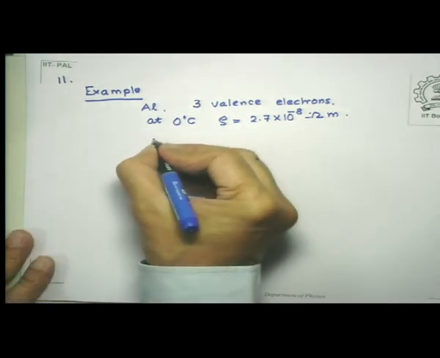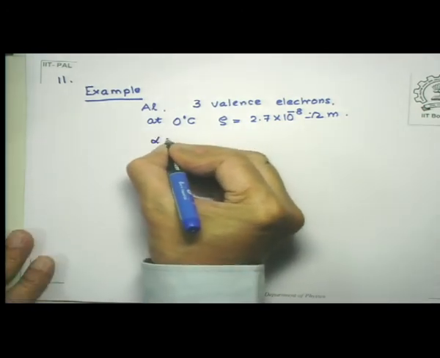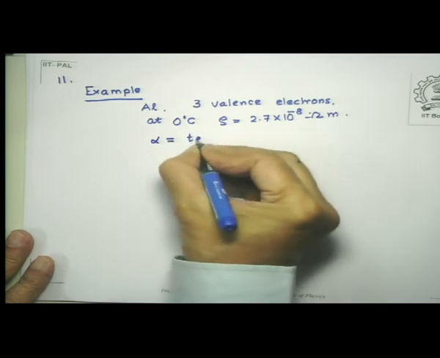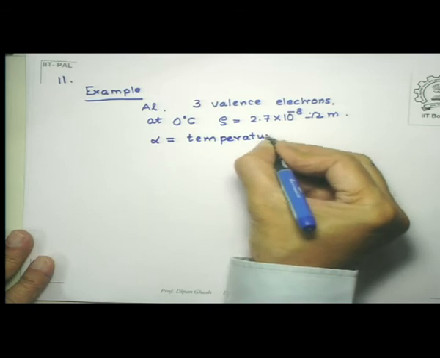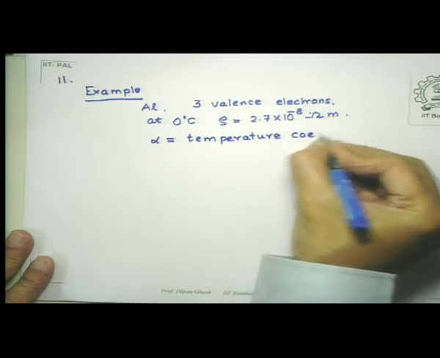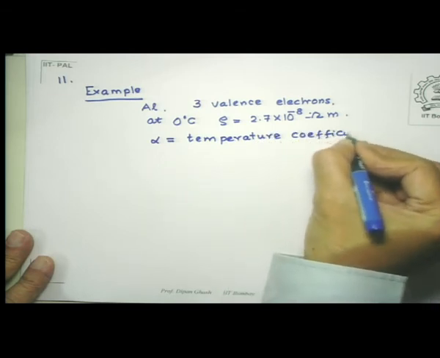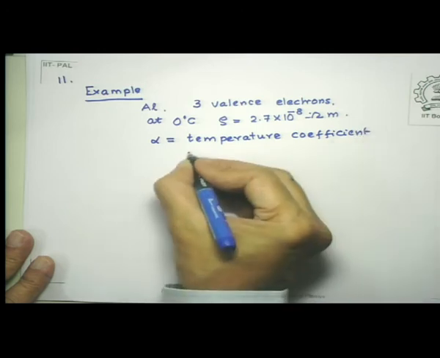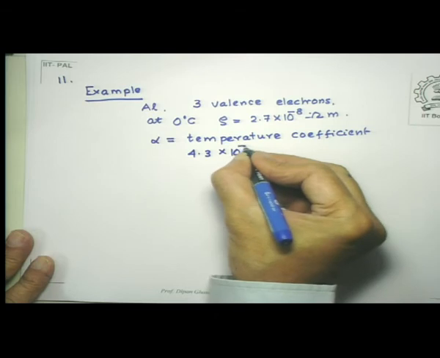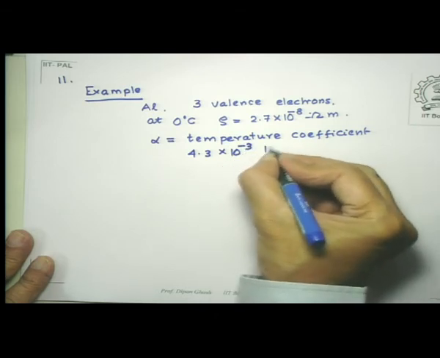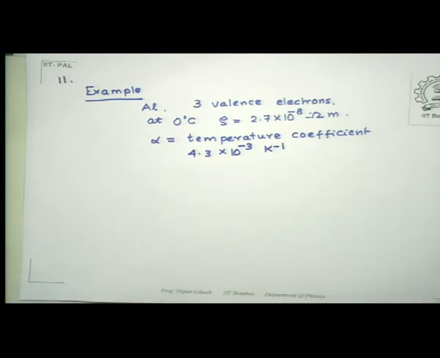Its temperature coefficient, which we represented by alpha, is 4.3 into 10 to the power minus 3 per degree Kelvin or per degree centigrade, it doesn't make any difference, because I am talking about units of temperature.